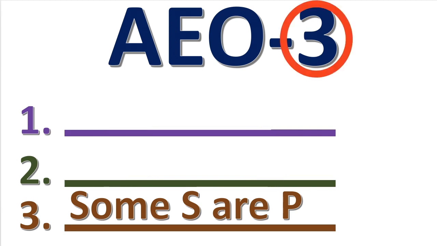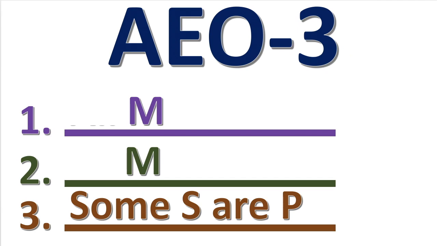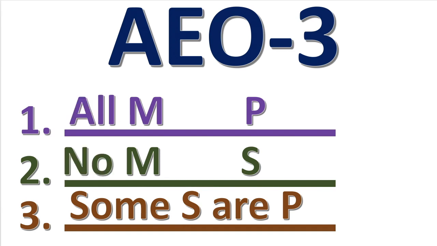Since it's a figure 3, the middle term goes on the left in both premises. Next, P, which is the major term, must go in the first premise, and S goes in the second premise. And finally, enter the quantifiers and the copulas.